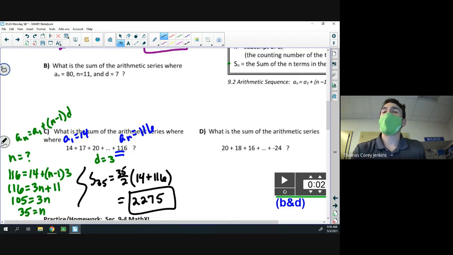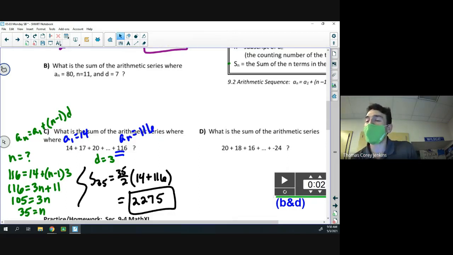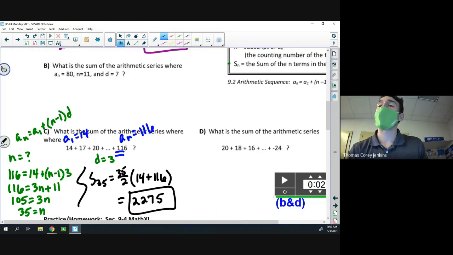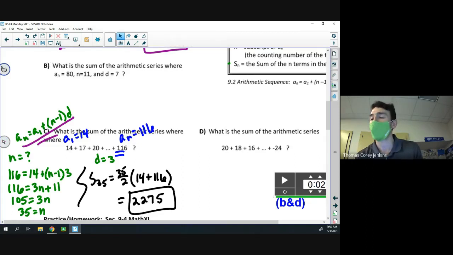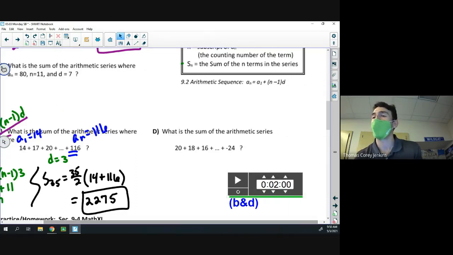All right, so let me give you guys a few minutes to try B and D. I encourage you to work with each other. You're missing some information in both of them. D is just like C, so that might be a good place to start. But for whatever you're missing on example B, you could use this formula right here. Okay, just try your best. Do what you can do. Obviously, we'll talk about both of them.